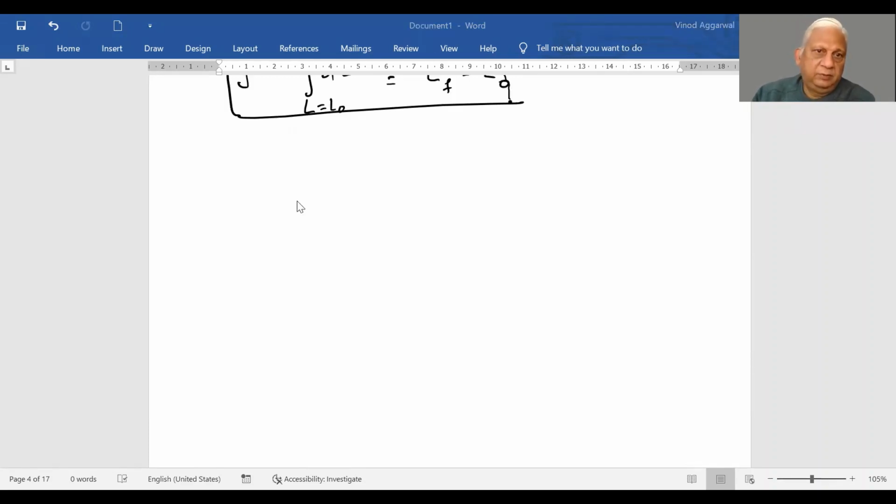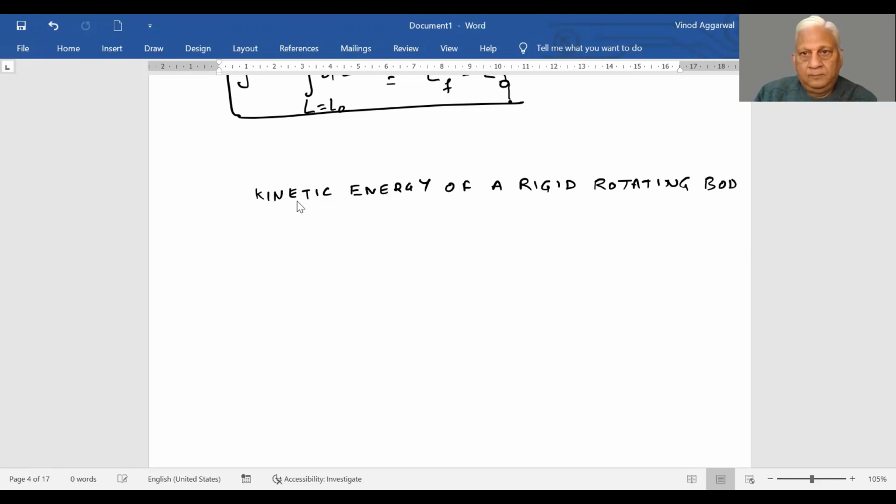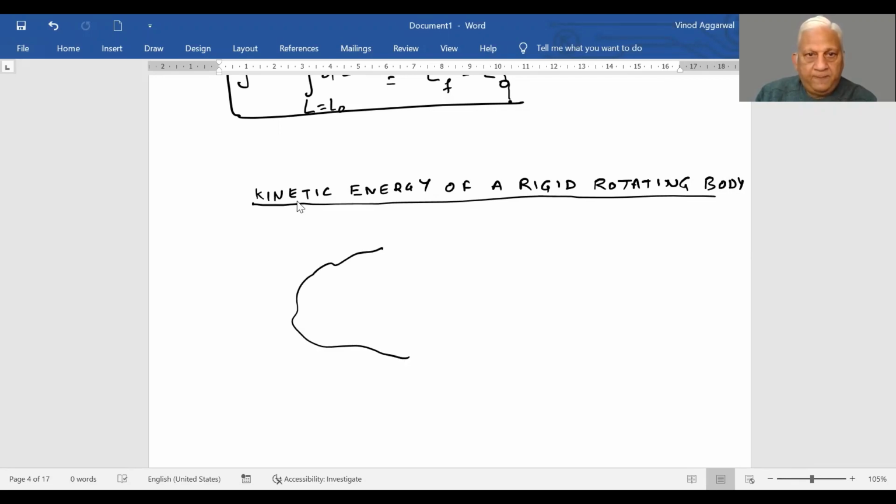Calculate the kinetic energy of a rotating body. Again, let's take a body which is rotating about this axis, and you have various particles, m1 at a distance r1, maybe m2 at a distance of r2.